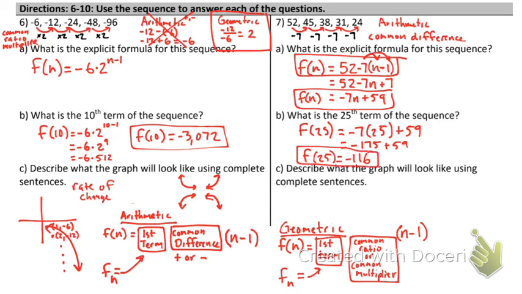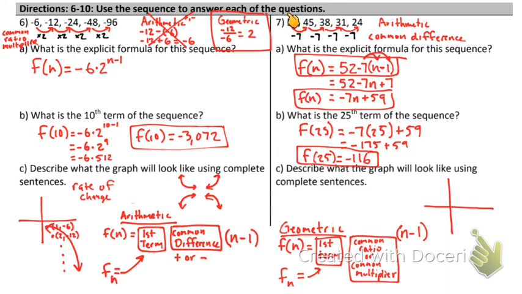Okay, and that makes sense. If you look at the sequence, we're going lower and lower, and eventually we're going to get to the negatives. All right, let's go ahead and describe what this graph looks like. Let's sketch it really quick. Using this sequence, this is my output or my y value.